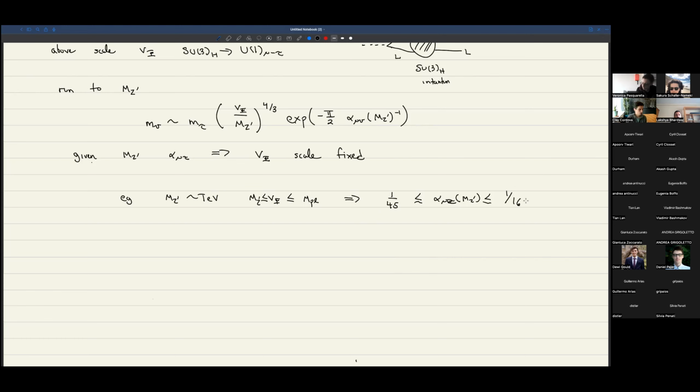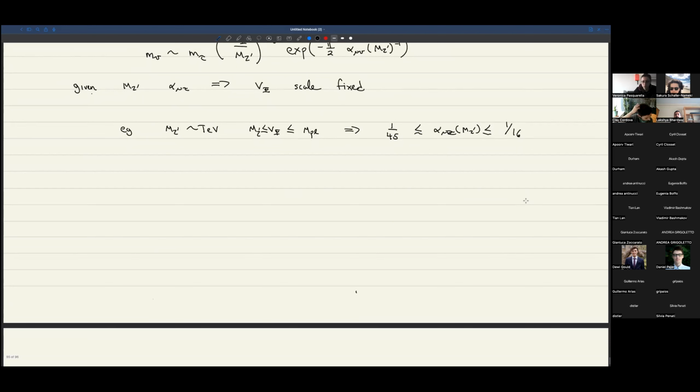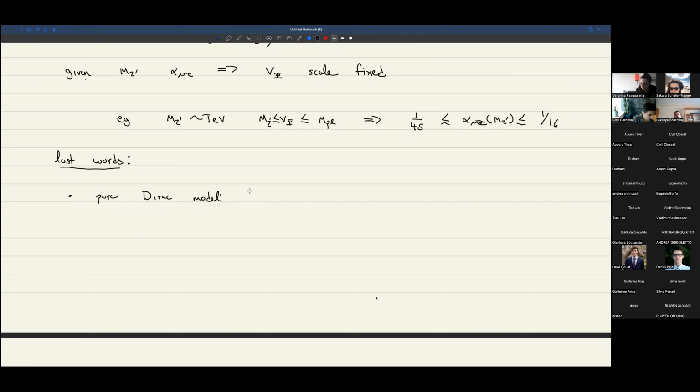Perhaps I will write some final comments before concluding. So some last words. One thing that's kind of novel about the model that I presented to you is it's a pure Dirac model, where I got this scale y from some natural non-perturbative physics.